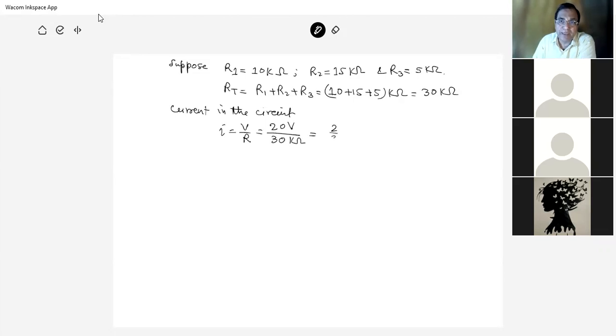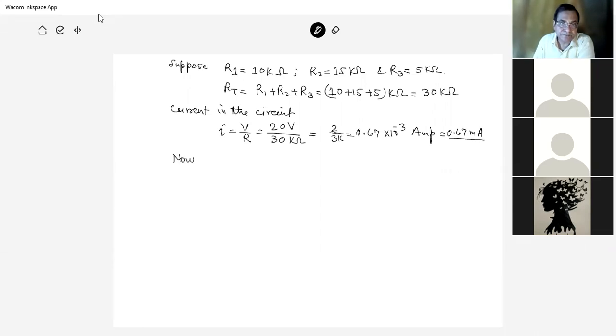So this is 2 by 3, that is 0.67 into 10 to the power minus 3 ampere. This will be the current, or we can say 0.67 milliampere.